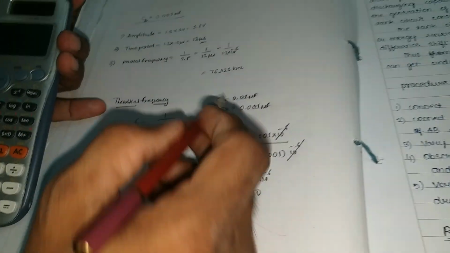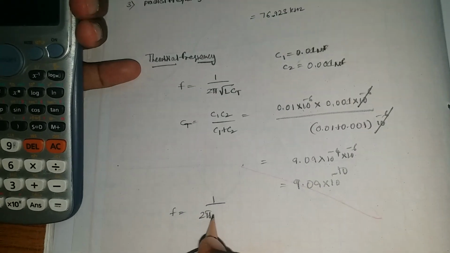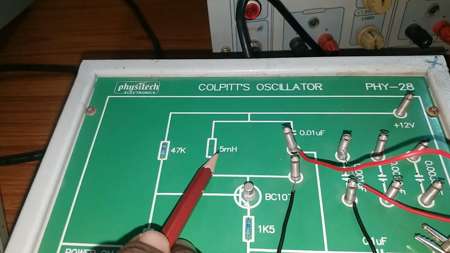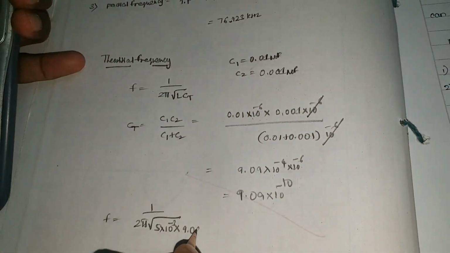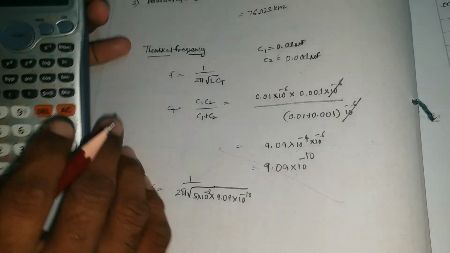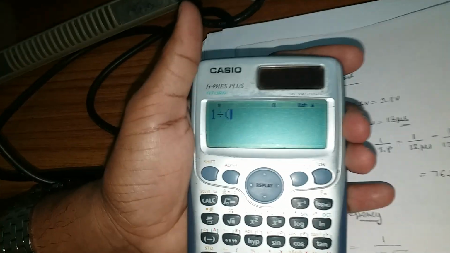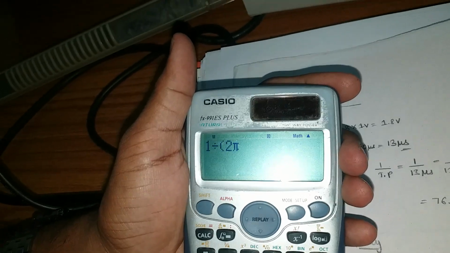So this value you need to substitute in this formula. So F is equals to 1 by 2 pi, and L value already observed on the kit here. It is already mentioning 5 millihenries, means 5 into 10 to the power of minus 3. And capacitance value 9.09 into 10 to the power of minus 10. So I am just going to calculate total value here. 1 divided by 1 by 2 pi root LC.